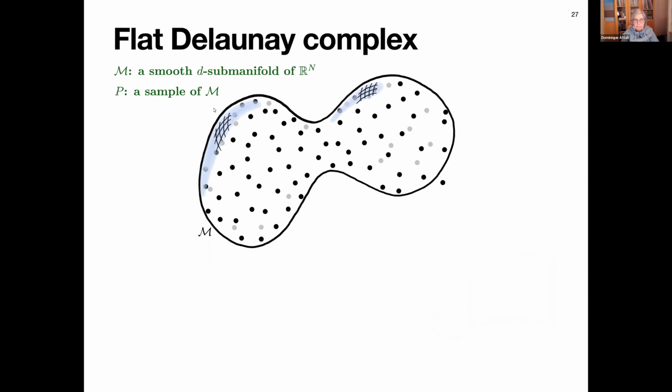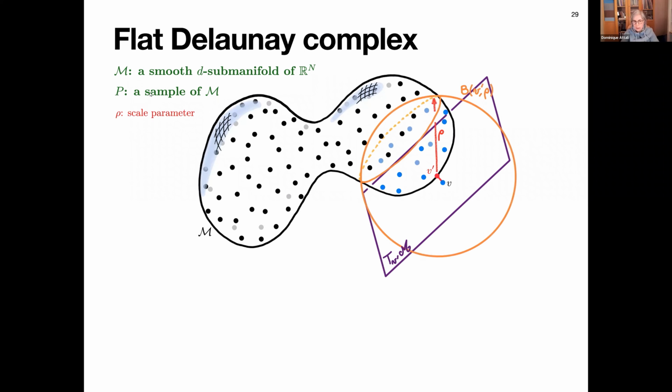So again, we have this manifold M and a point set P, and we're going to define the flat Delaunay complex. Consider a point V in your point set. The point set is not necessarily on the manifold; it can be slightly noisy. Project the point V onto the manifold, and you get V prime. Consider the tangent space passing through V prime.